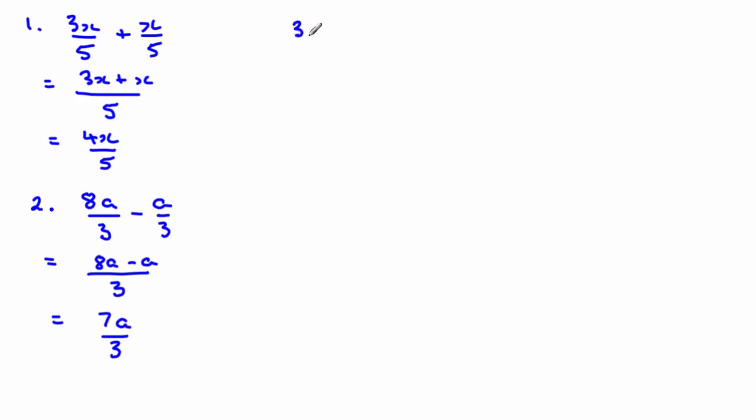In our third example, we have a slight change. We have x over 4, and we're going to add this with 5x over 6. Now our denominators are different here, so let's put our fraction here, x over 4, and let's put the other fraction over here, 5x over 6.